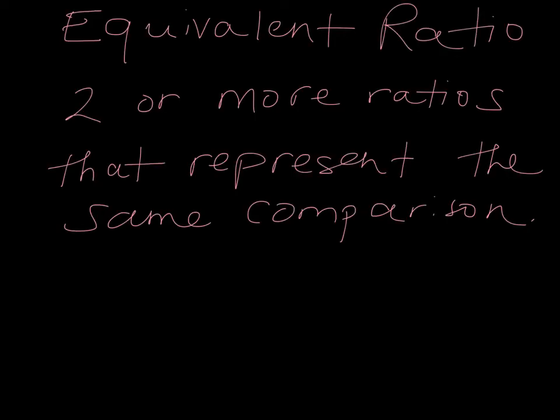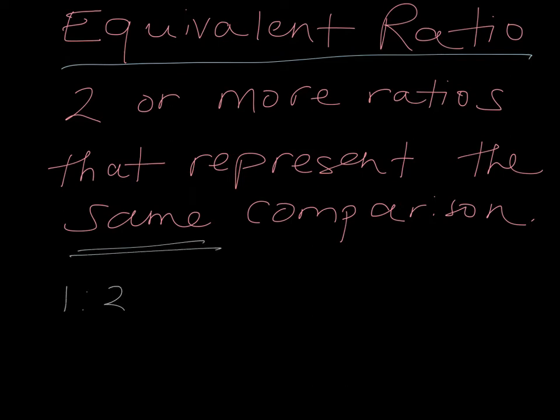I'm just going to review that again. An equivalent ratio is 2 or more ratios that represent the same comparison. So for example, if we had 1 to 3, that's also equivalent to 2 to 6.